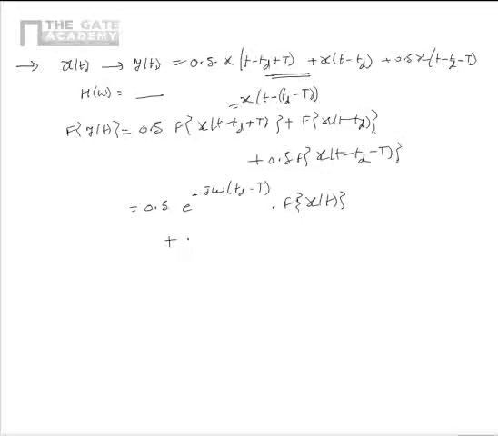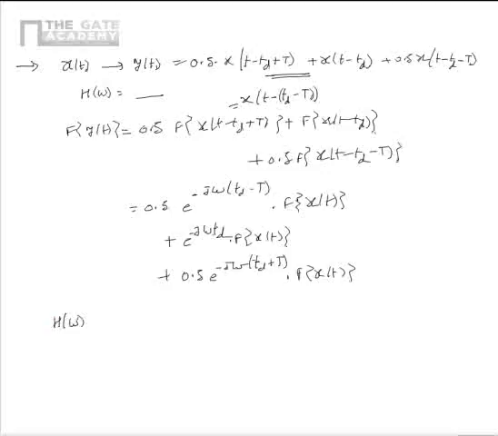plus, similarly we can simplify Fourier transform of x of t minus Td as e power minus j omega Td multiplied by Fourier transform of x of t, plus 0.5 times e power minus j omega multiplied by (Td plus capital T) multiplied by Fourier transform of x of t.